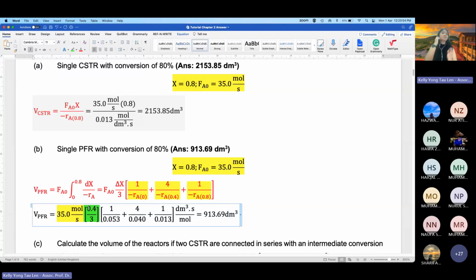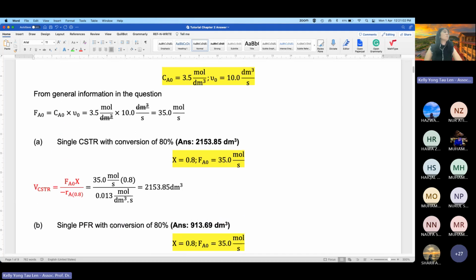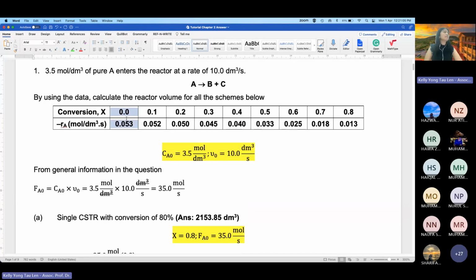Then next, the 3 points. The first point is 1 per minus RA when X is 0. I will go to the table. When X is 0, minus RA is 0.053. When X is 0.4, minus RA is 0.040. When X is 0.8, minus RA is 0.013.